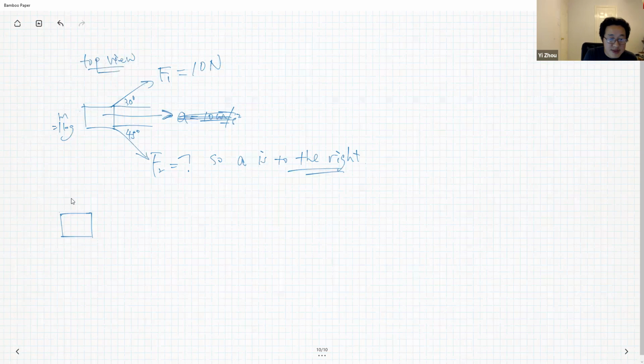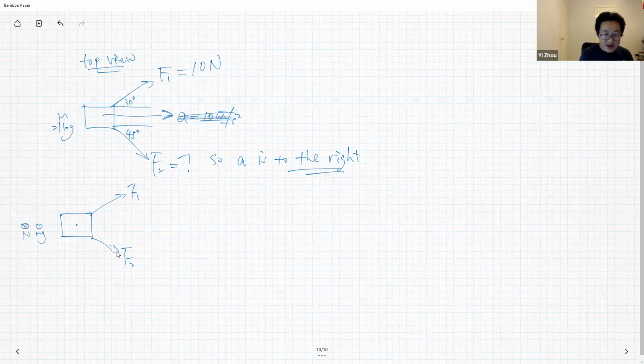Gravity, normal force, F1 and F2. The gravity and the normal force we can ignore, right? Yeah. We can draw them as one going into the paper and one going out of the paper. Out of paper is the normal force. Into paper is gravity. So they are canceled.